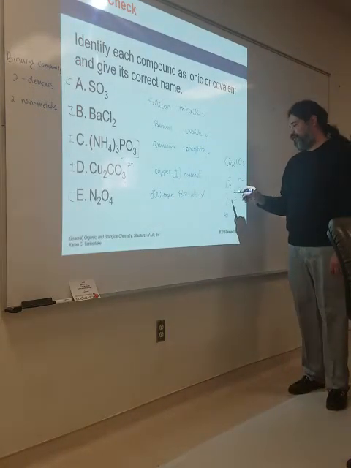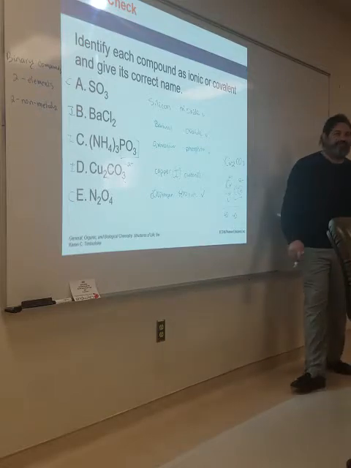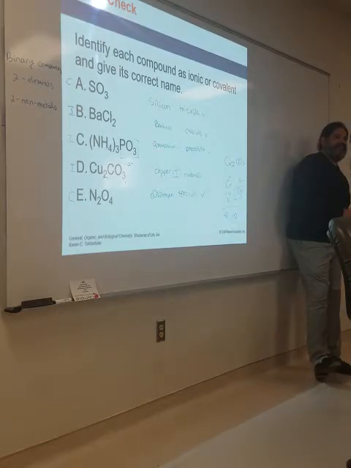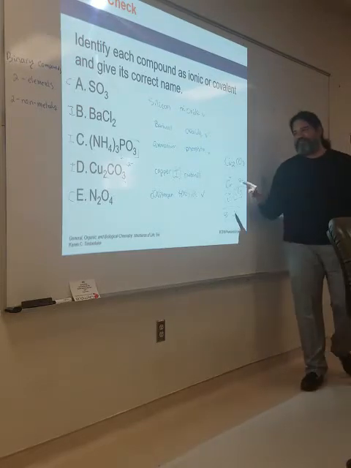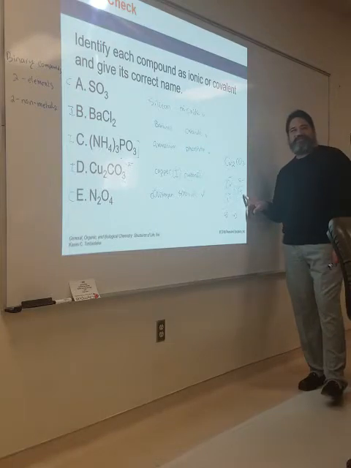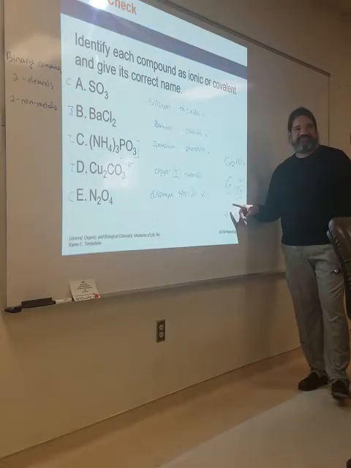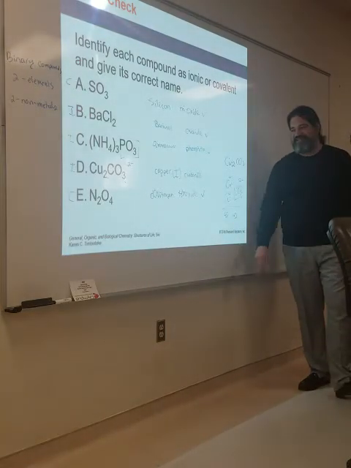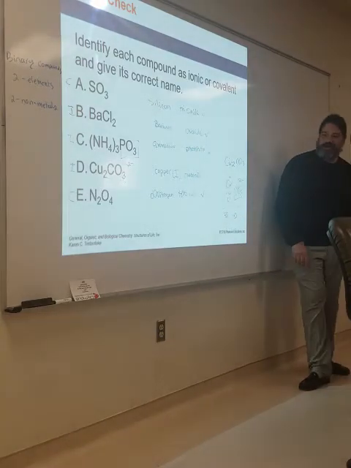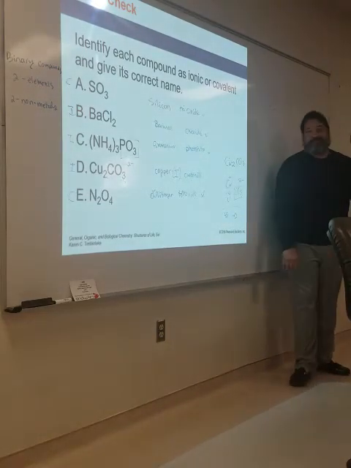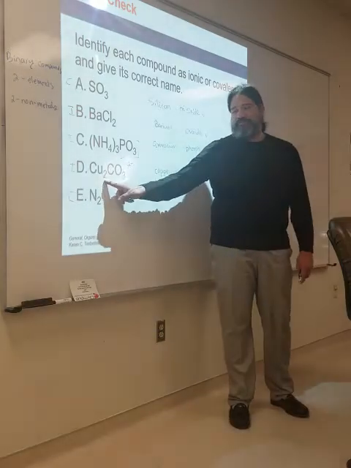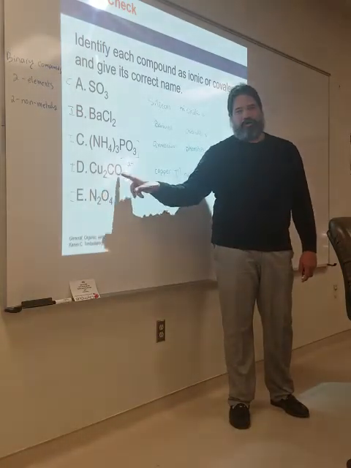Each copper is +1. Do not do -2 times 3, getting -6, cancel that with +6, 6 divided by 2 is 3, and then put copper 3. Also, this is not a Roman numeral. Do not write copper 2 carbonate either.